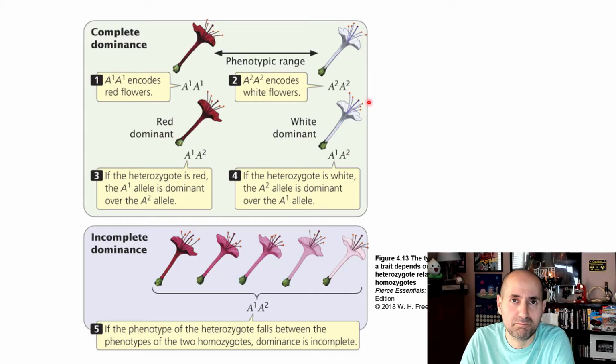You're not going to find pink or anything like that. Now, with incomplete dominance, if the phenotype of the heterozygotes falls between the phenotypes of the two homozygotes, dominance is incomplete. So in this case, you would find red, you would find white, and you would find everything in between. You would find different shades.